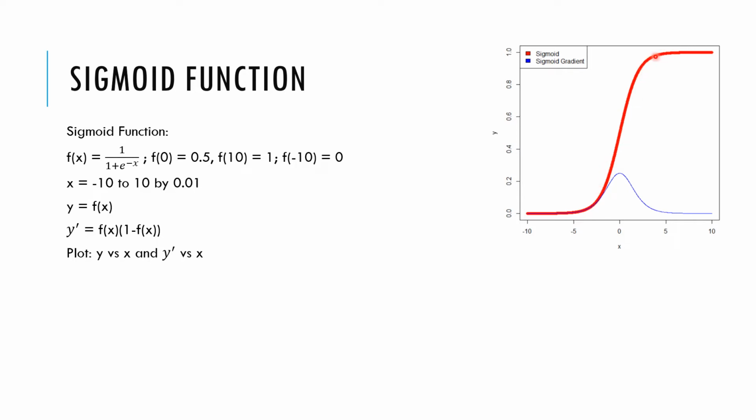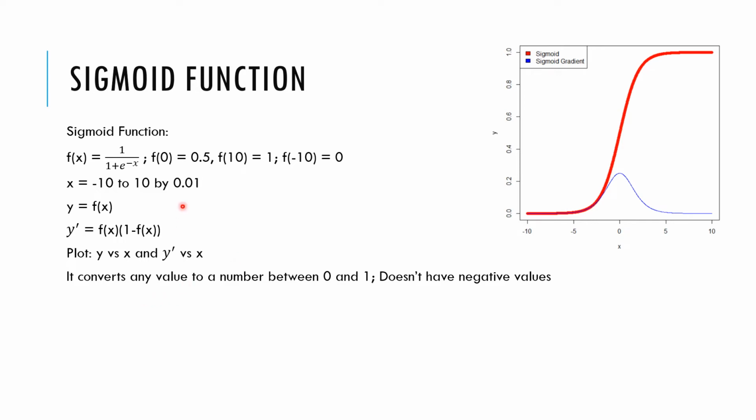So the derivative here is 0, and the derivative here is 0. When you plot the derivative, you get 0 here and 0 for this also. This is what you see in the plot.